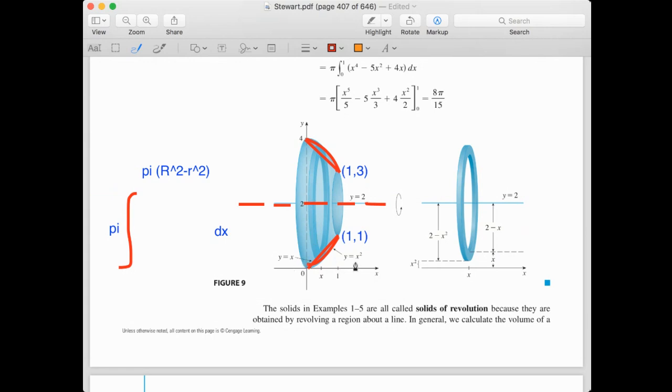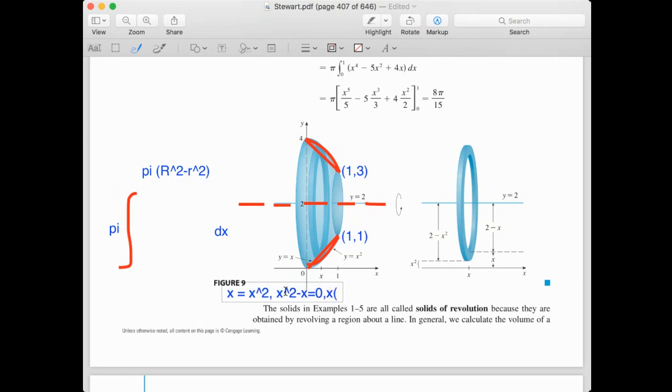y equals x, y equals x squared. Again, we set x equals x squared. Let's do this quickly. We let these two functions equal each other. Then we move everything to the same side, so it equals 0.